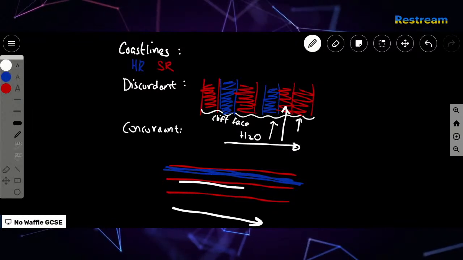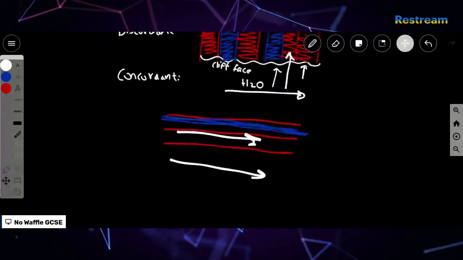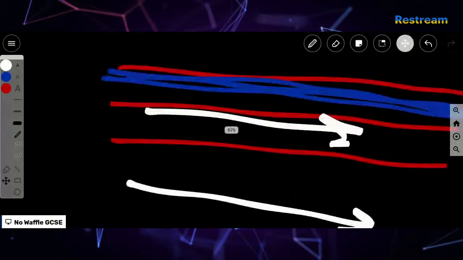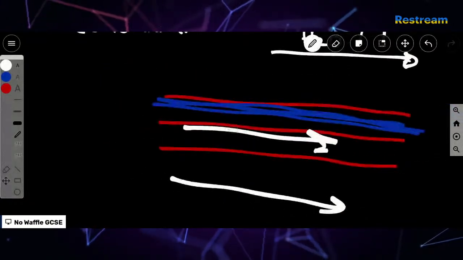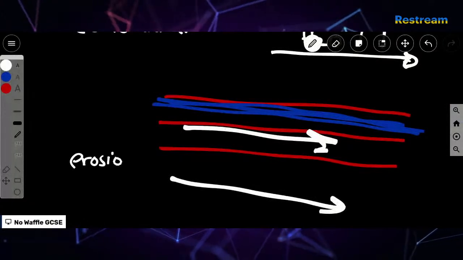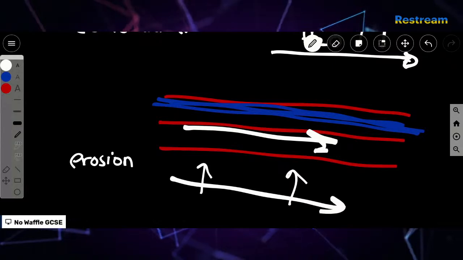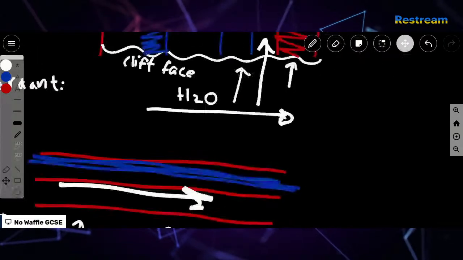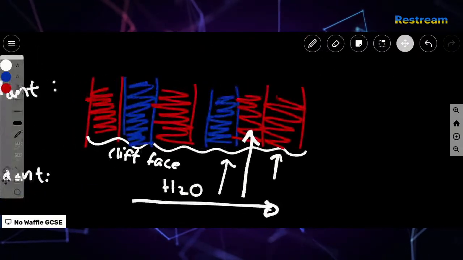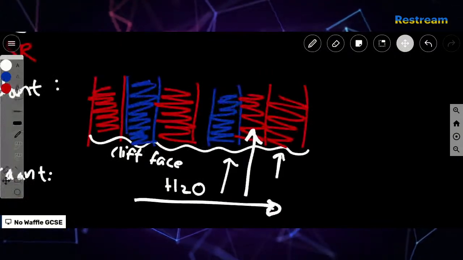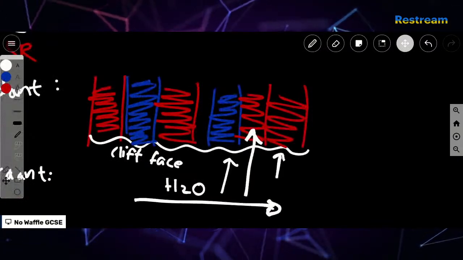When erosion is happening here, it will all erode at the same pace, the entire cliff face. Whereas on discordant coastlines, the erosion of the hard rock is going to be a lot slower than the erosion of the soft rock.